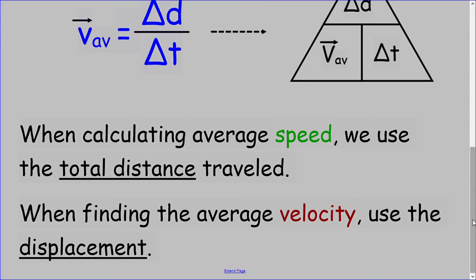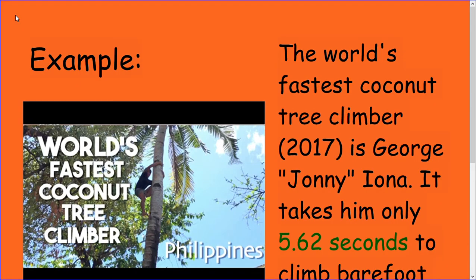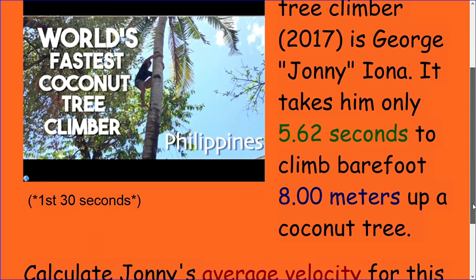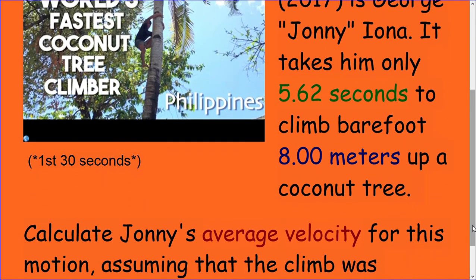So we can kind of see velocity problems with this as well in a similar kind of way. The world's fastest coconut tree climber in 2017 is George Johnny Iona. It takes him only 5.62 seconds to climb barefoot 8 meters up a coconut tree, which is pretty crazy.